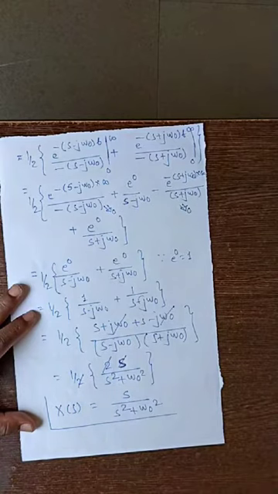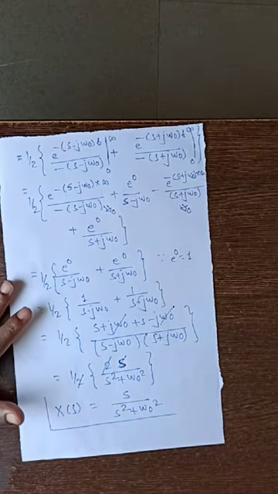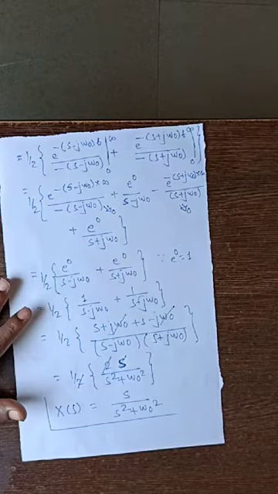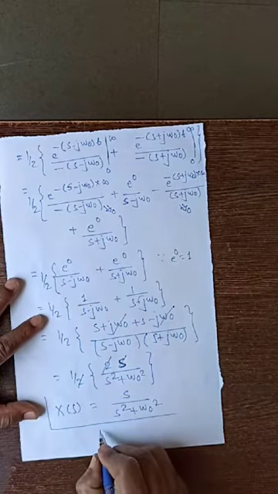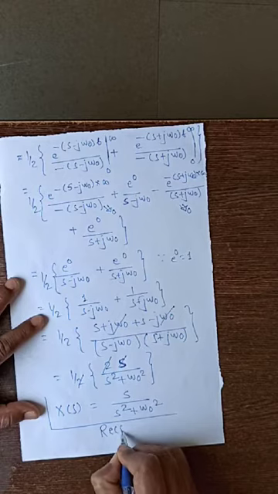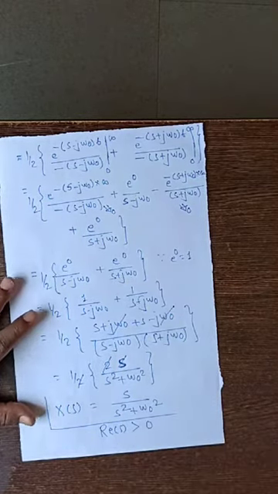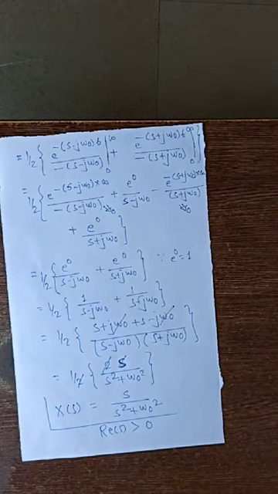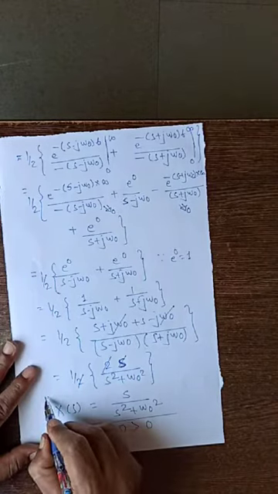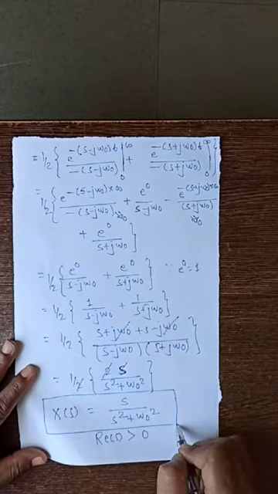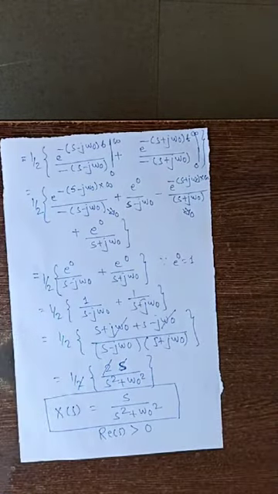So this is the Laplace transform of cos omega naught t into u of t, and ROC you can say that is the real part of s greater than 0, as this is the right-handed signal, that signal is multiplied by u of t. So this is the Laplace transform of cos omega naught t into u of t.